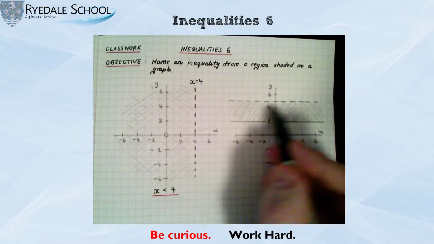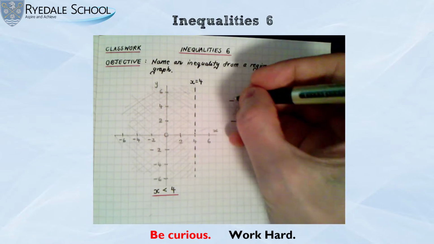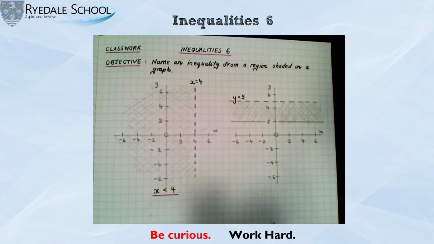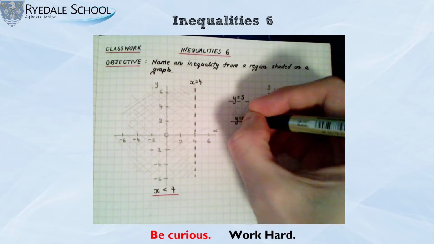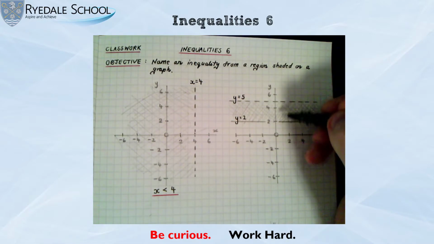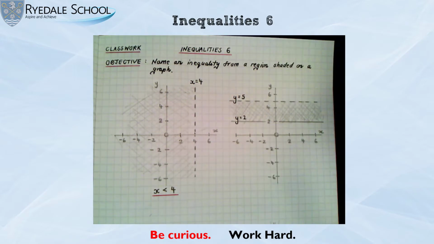This one is a horizontal line cutting the y-axis at 5. So that line is y equals 5. And the one below it is y equals 2. And we can see all of the y values are the numbers in between 2 and 5.